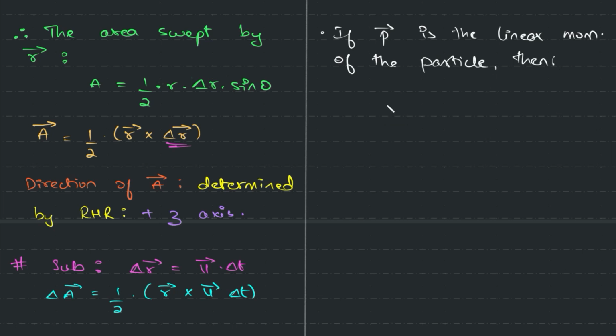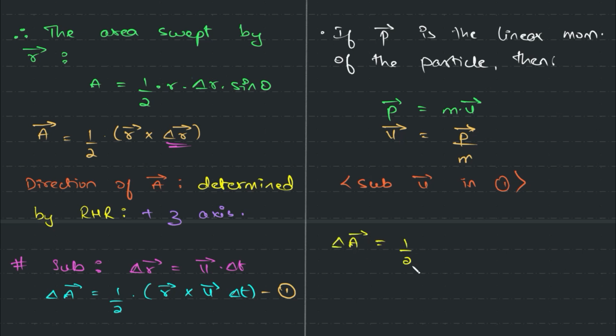Then we have P is equal to m times V, or V is equal to P by m, right? And this I'll substitute in 1. Substitute V in 1. So can you see where we're going? Then we have delta A is equal to half times R, P by M delta T.